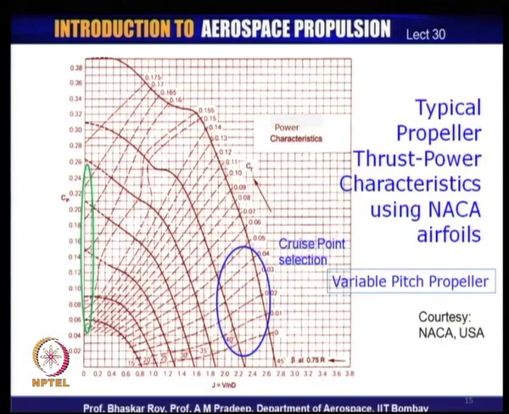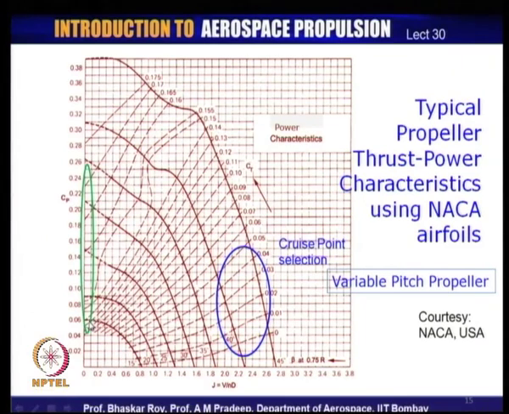We can get similar characteristics for the power coefficient, and this is of course the thrust power characteristics. So, you have the thrust variation here, and on the y axis you have the power variation, and what you would see here is the thrust power characteristics. The cruise point is likely to be somewhere over here, where you would use a modest amount of power and create a modest amount of thrust sufficient for the aircraft to fly.